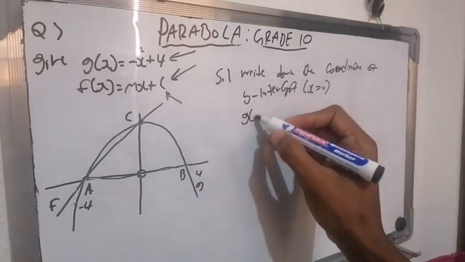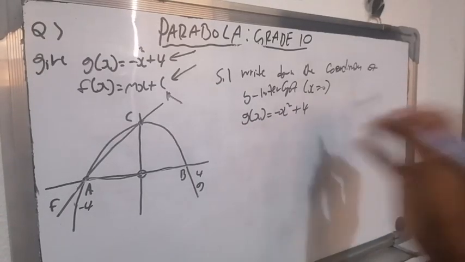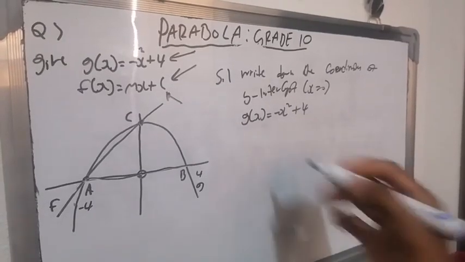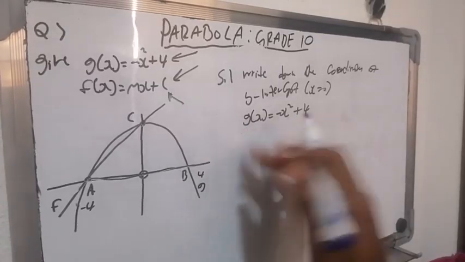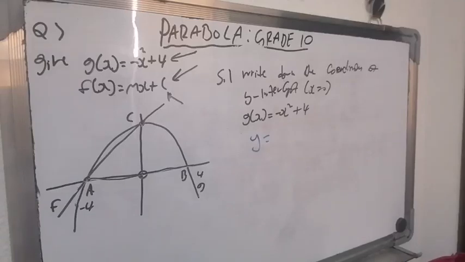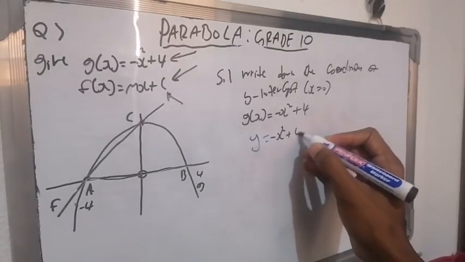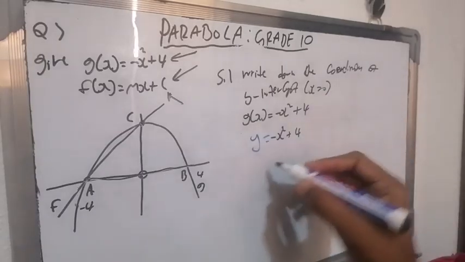We have been given g of x is equal to -x squared plus 4. You need to know that g of x is the same as y. So don't stress about it. We are looking for the y-intercept, so our x should be 0.